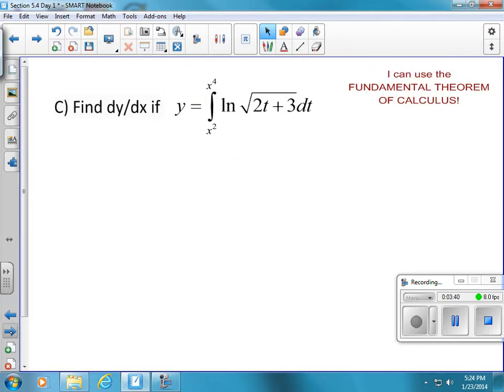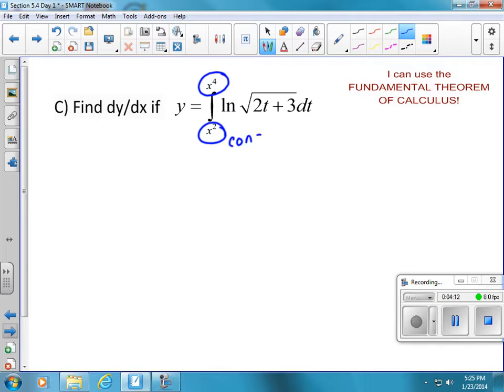Moving right along. Oh, here we have one. This one gives us even another twist on this whole process. Okay, what we're going to do is be very, very tricky. We are going to use more of our properties of integrals. If we're going from x squared to x to the 4th, remember, in order to apply the fundamental theorem of calculus, we have to go from a constant to a variable.